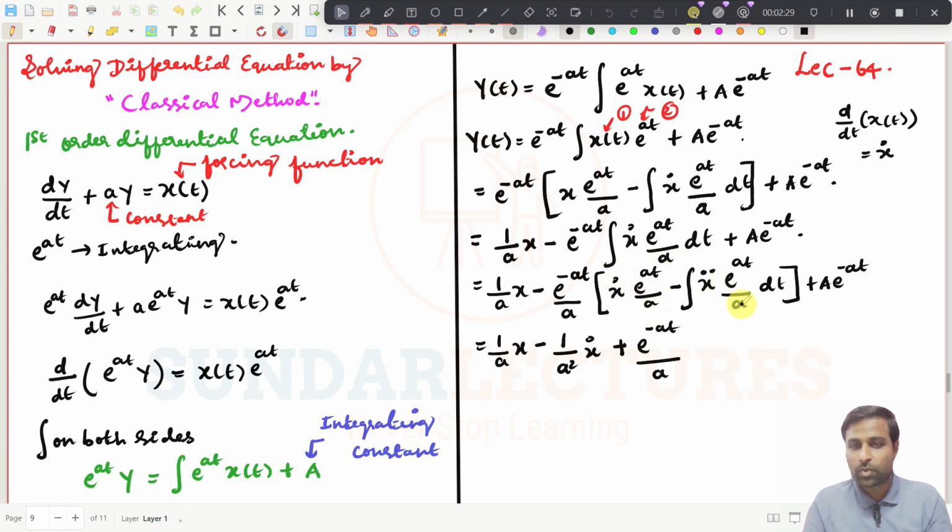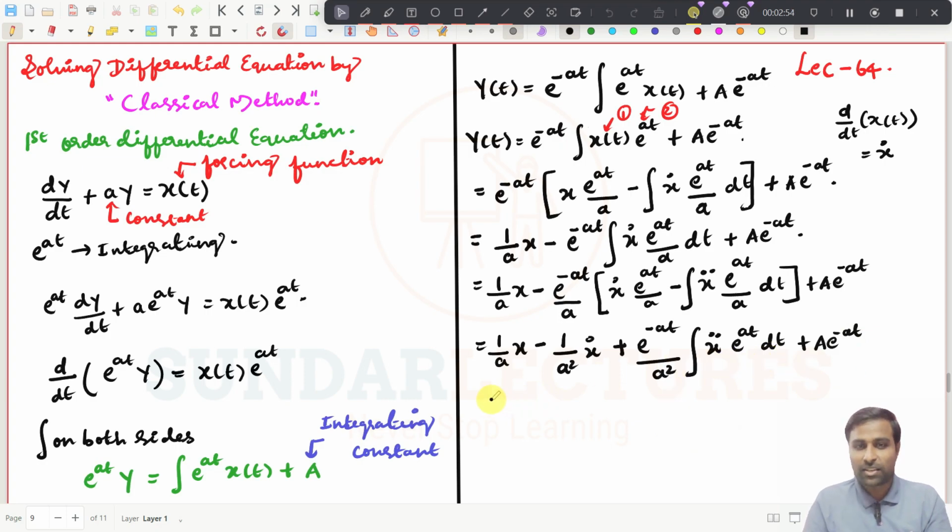But I will also bring this one outside, right? So I will get a square here, because this one is already there. And then if I bring this one outside, I will get integration of x double dot e power at into dt plus a e power minus at.